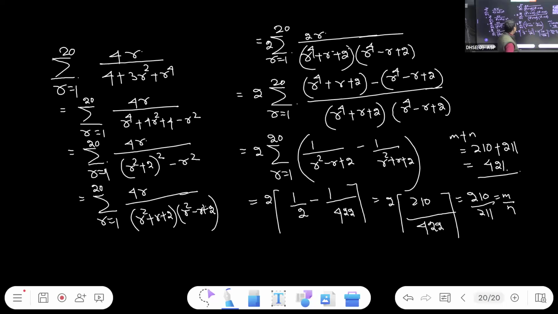Now let's move forward to arithmetic mean and geometric mean. Come to arithmetic mean.